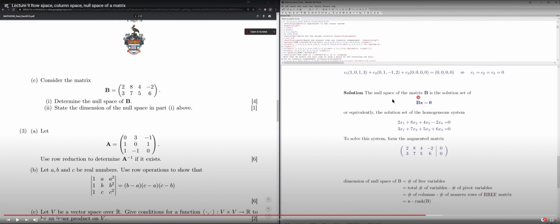Your null space is simply the solution set of this homogeneous system. So for the null space of a matrix B, set up the matrix equation Bx equals 0, multiply it out to get your system of equations, and then the solution set of the system is the null space of B.